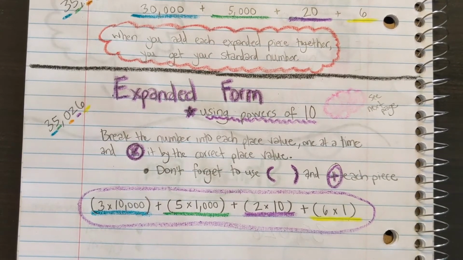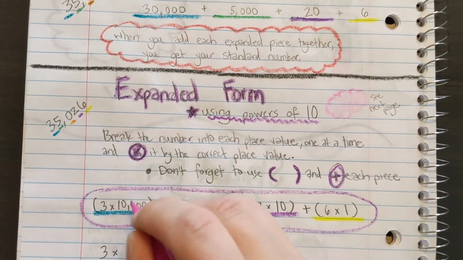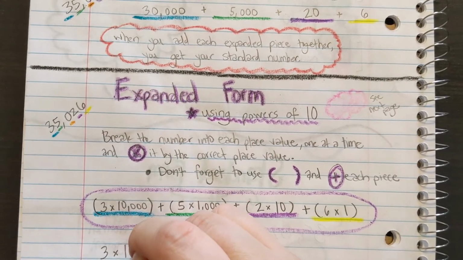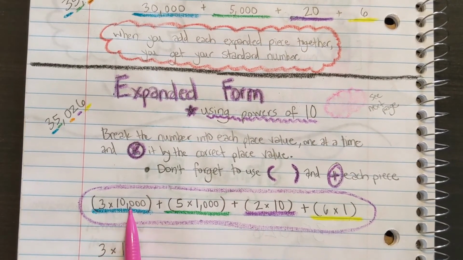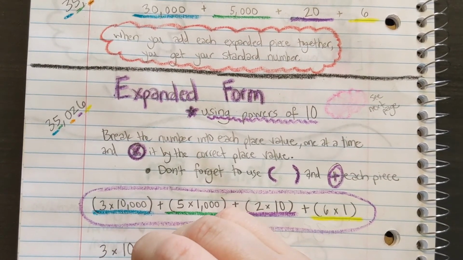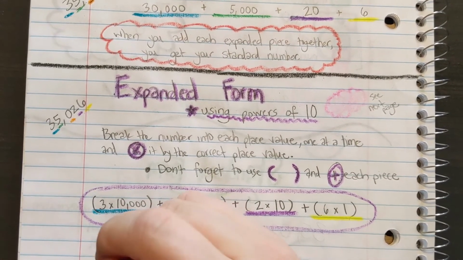But really, remember that this is also 3 times what was 10,000? 10 to the what power? Well, it's a 1 with 1, 2, 3, 4 zeros. So it was 3 times 10 to the 4th. You put that in parentheses.